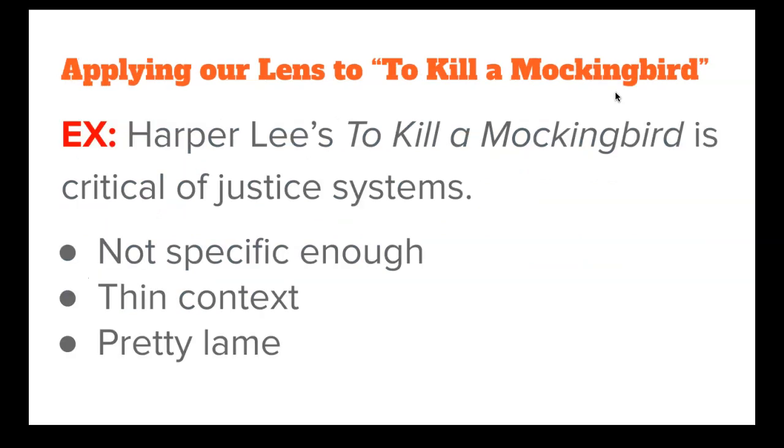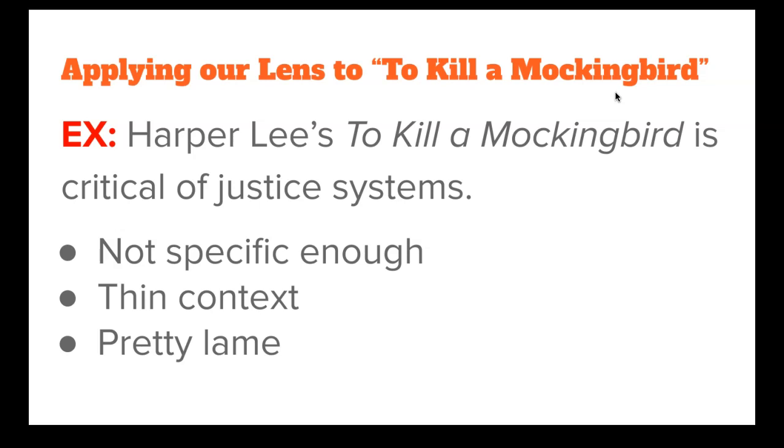So again, we have an example claim here. This one is from To Kill a Mockingbird. Harper Lee's To Kill a Mockingbird is critical of justice systems. Once again, this is a morality and justice claim. It just is very, very lame, very floppy, nothing to work with there.